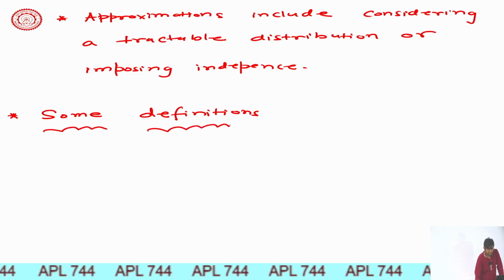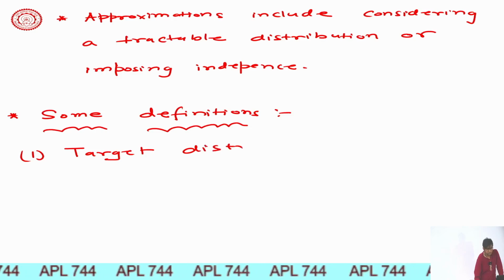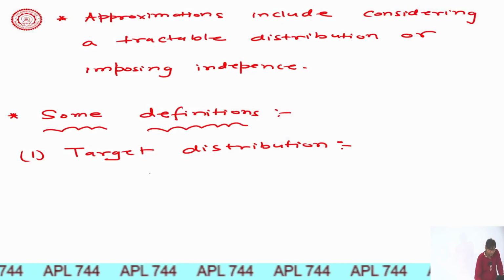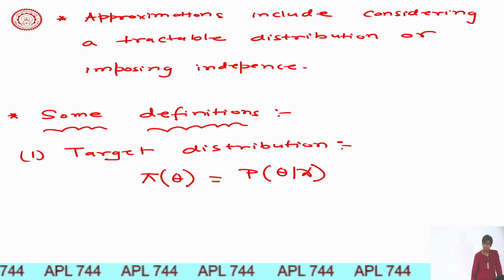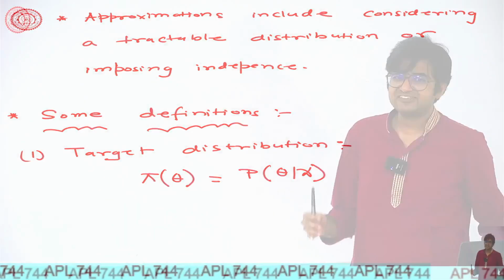So the first thing we will define is the target distribution, the same name I am using from before, and this is denoted as pi, that is what I was using earlier. So we will use the same thing to avoid confusion. So the target distribution is pi of theta, which is the probability of theta given D, right? Pi of theta is the target distribution.